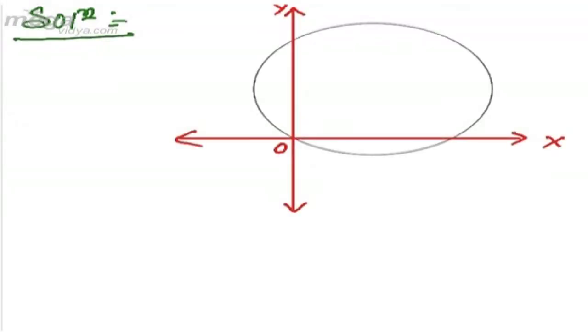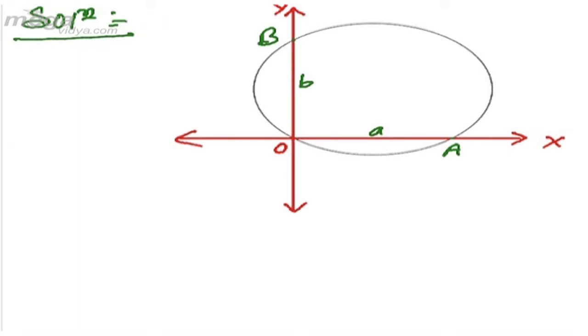So the solution is, this is the figure, the circle passing through the origin and cutting intercepts A and B on the positive axes. So on the x-axis it is A, and on the y-axis this will be B. So if you take this point as A and this point as B, then OA is equal to a and OB is equal to b.